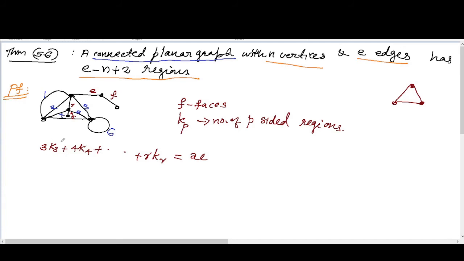If you are considering K3, you will have three edges there. So, each edge contributes 2 to the count, so this quantity equals 2 times e. Take it as equation number 1. Where Kr denotes the number of polygons with the maximum edges.